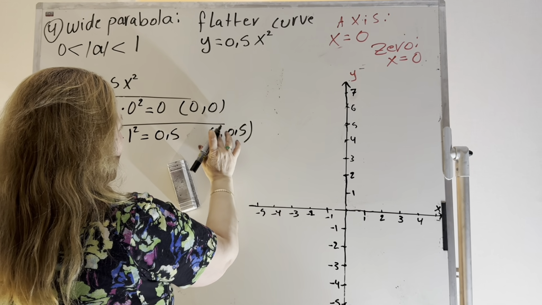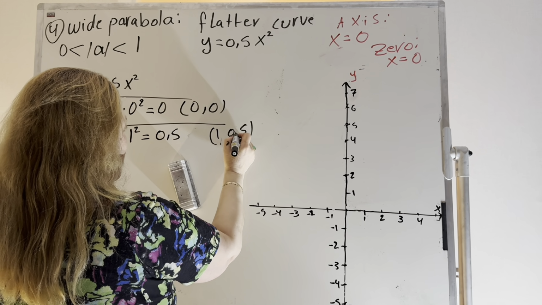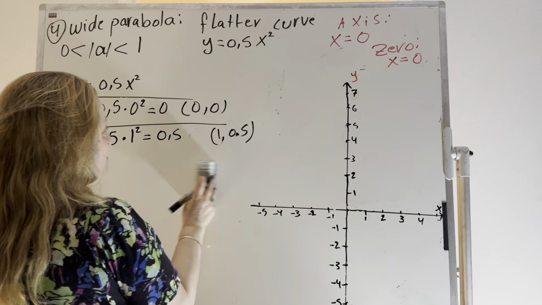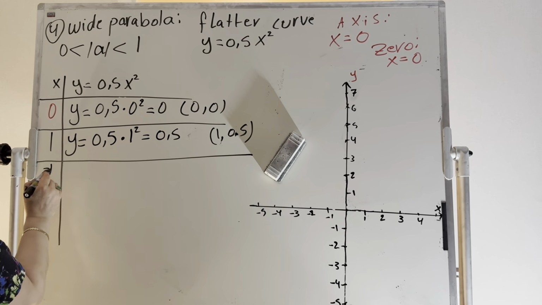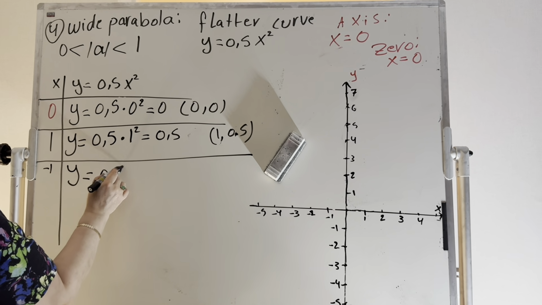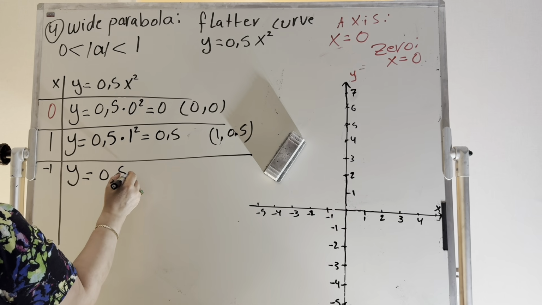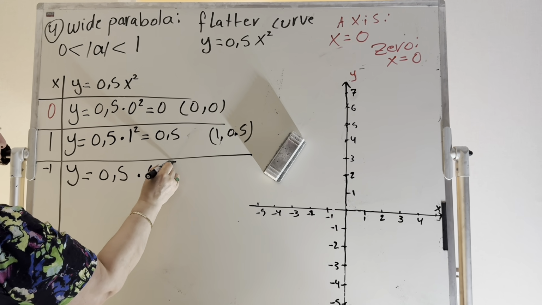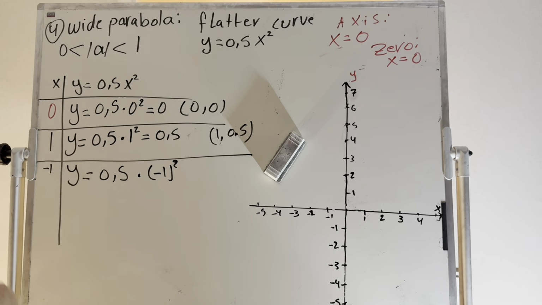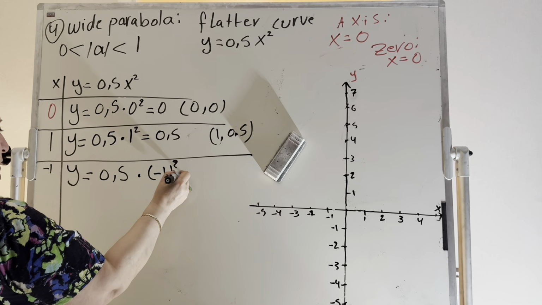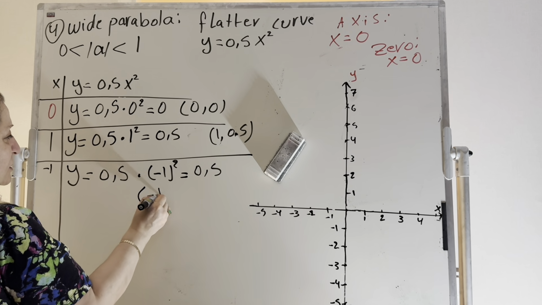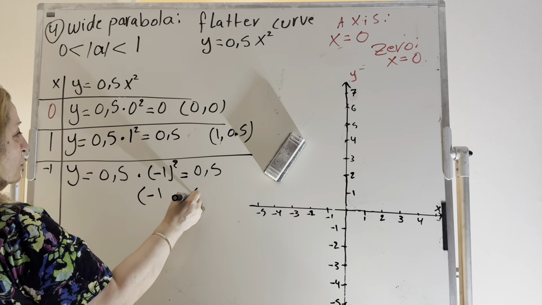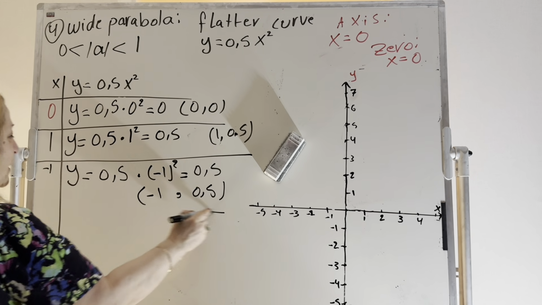And when x equals minus 1, y equals 0.5 by minus 1 squared, and this will be positive because minus 1 by minus 1 equals plus 1, and the result is 0.5. So when x equals minus 1, y equals 0.5.